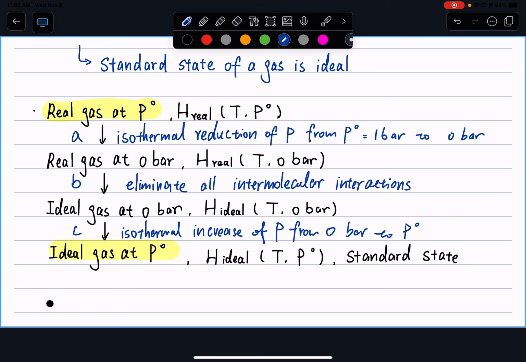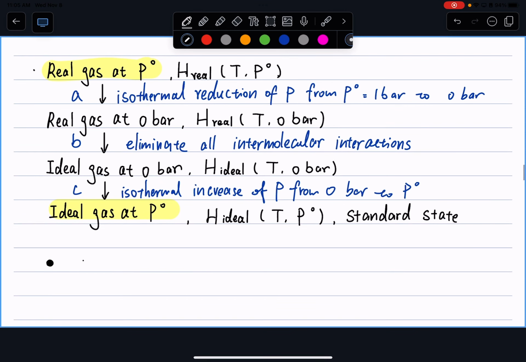What if we put it in an equation, what we're looking for here is delta H ideal minus real, equals H ideal at T, P naught, minus H real at T, P naught. Right, so final minus initial. If we're starting from a real gas and you end up with ideal, and if you start from ideal gas and you end up with real gas, then it's just the negative of that number, right?